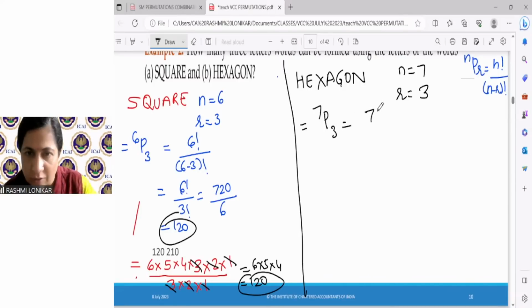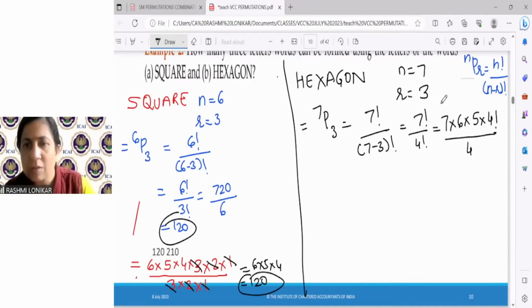This is 7 factorial upon 7 minus 3 factorial. 7 factorial upon 4 factorial. So this is 7 into 6 into 5 into 4 factorial upon 4 factorial. 4 factorial gets cancelled. 7 into 6 into 5. So that is 6 5s are 30. 30 into 7 is 210.